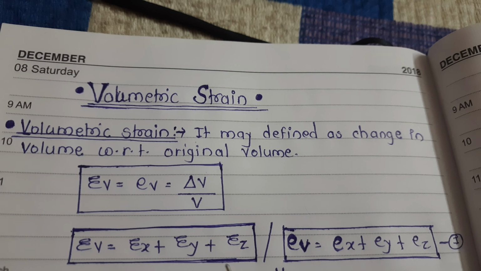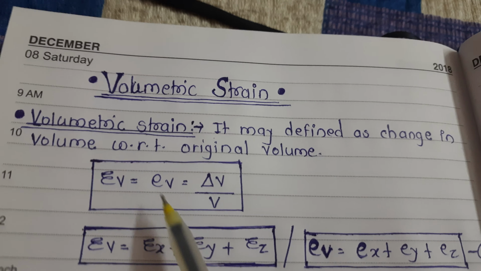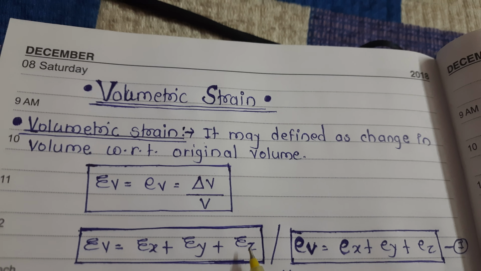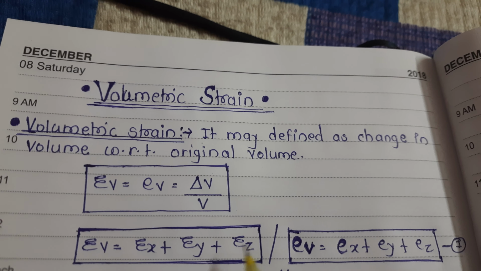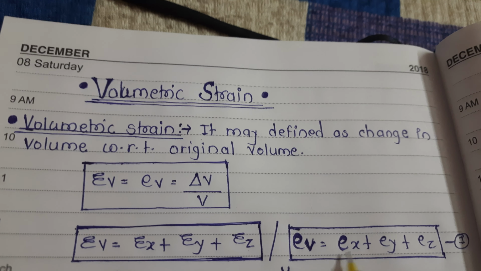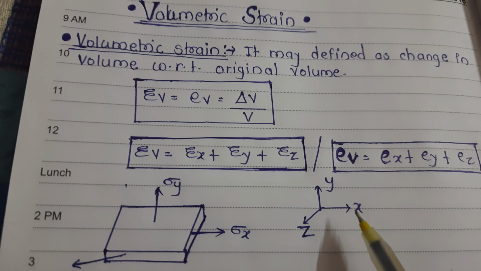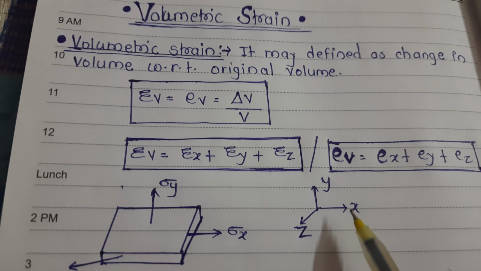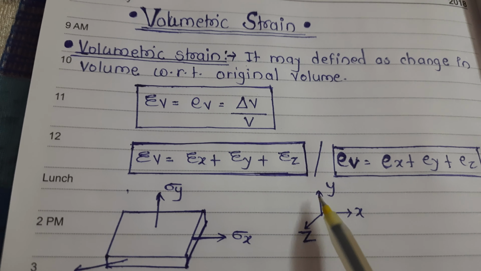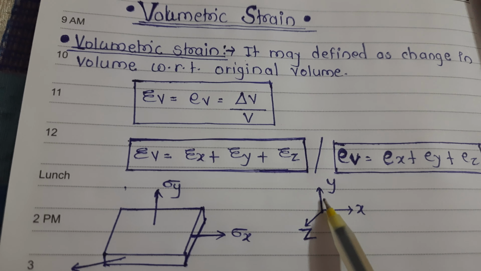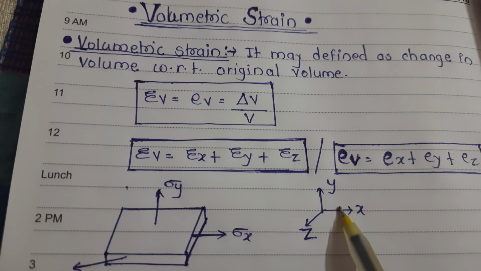When we are studying total strain, we have to calculate strain in x direction, strain in y direction, and strain in z direction. We can use these notations also. Let's consider this is x direction, this is y, and this is z direction. We all know that these three are perpendicular to each other.